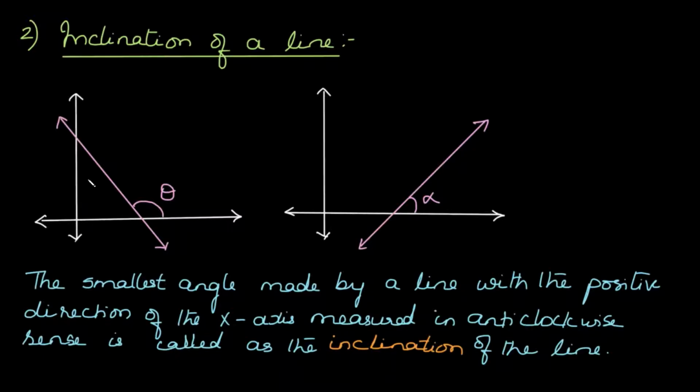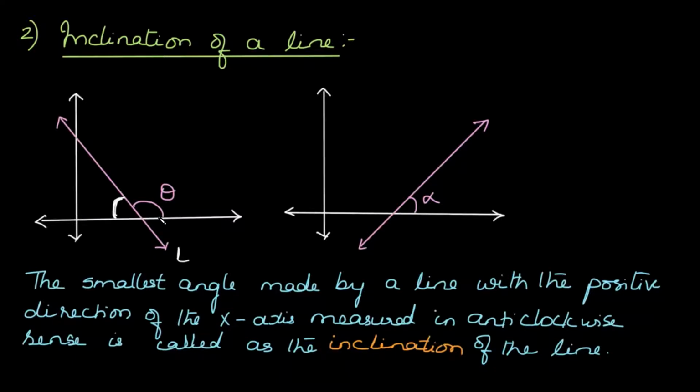Now take the first figure over here. In this first figure, this is the line, say this is line L, and this line is making two angles with the x-axis. You'll think that this line makes two angles with the x-axis. Which one is the inclination now? This line is making this angle theta, and similarly one more angle, which is actually 180 minus theta.